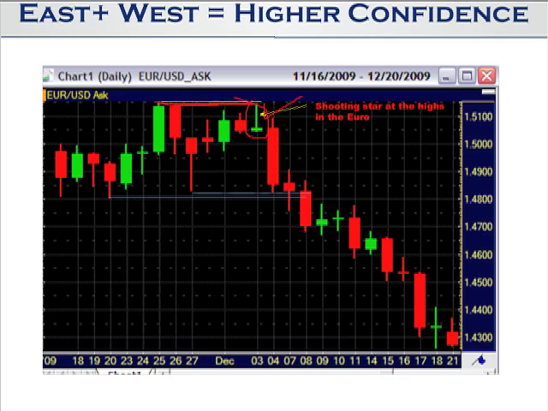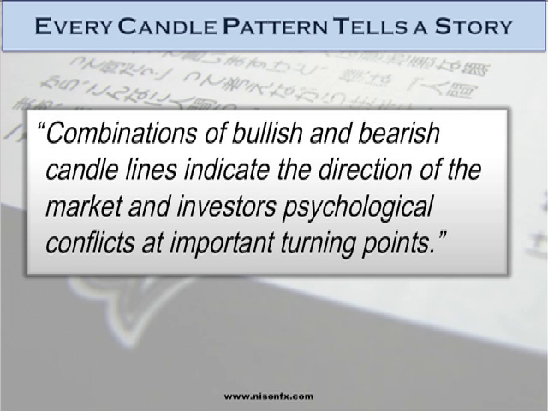Here we have the candlesticks, the East, confirming a Western indicator. And my target would be the bottom end of the trading range. So if you shorted on the shooting star, your stop would be above the high of the shooting star, and the target would be towards here, the bottom end of the trading range.